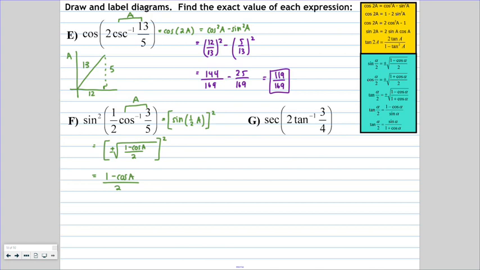Okay, let's draw the diagram to represent this angle A. We have an angle whose value is coming from inverse cosine, the range of inverse cosine. So between 0 and pi, first and second quadrant is where we're looking. The cosine is positive 3/5, which means in the first or the second quadrant, cosine is only positive in the first quadrant.